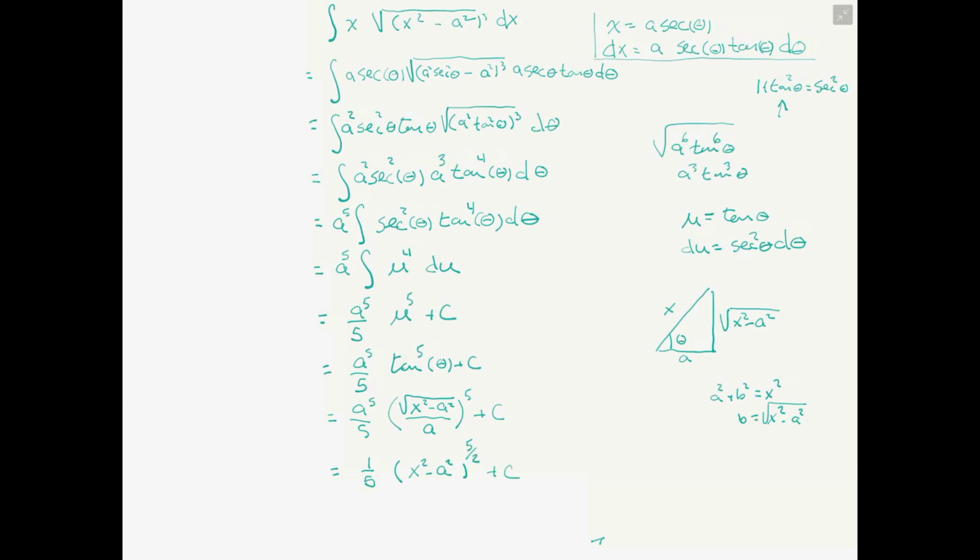And that's our result for the integral of x squared minus a squared cubed dx, and that's our final result. So we can box that. That one wasn't as hard as some of them.